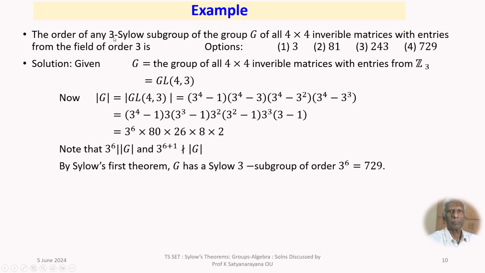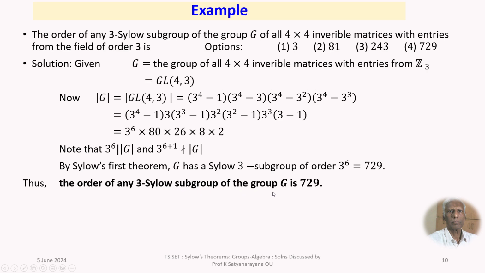The order of any 3 Sylow subgroup of the group G. That is 3 power 6, that is 729. Thus, the order of any 3 Sylow subgroup of the group G is 729. The answer is option 4.